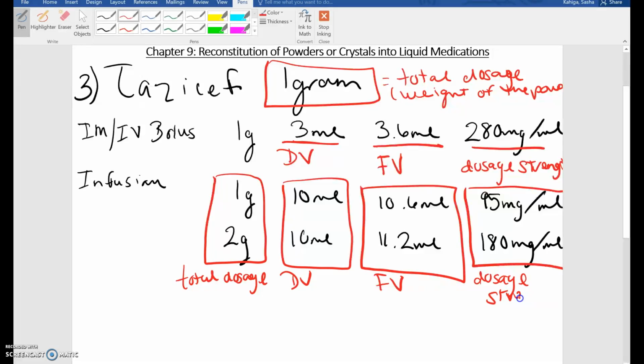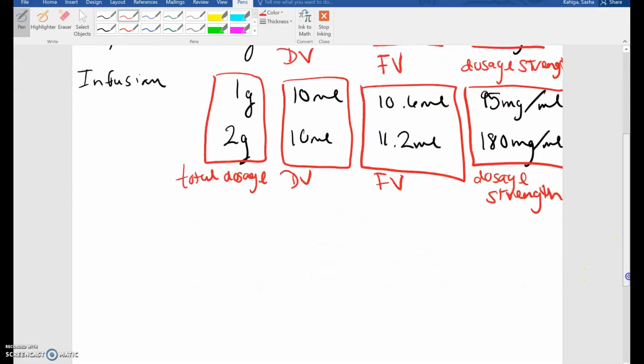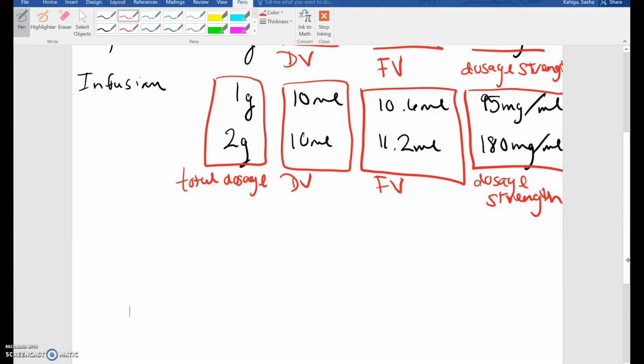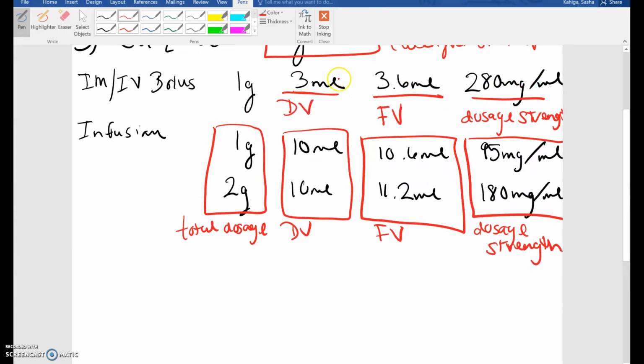So I ask you, is this a single strength medication or multi-strength medication? So once you add your diluent volume, do you have multiple diluent volumes and multiple dosage strengths available? That is how you answer that question. So yes, I do have multiple diluent volumes, which is a 3 milliliter and 10 milliliter.